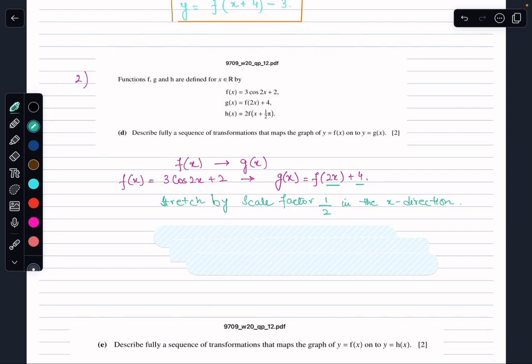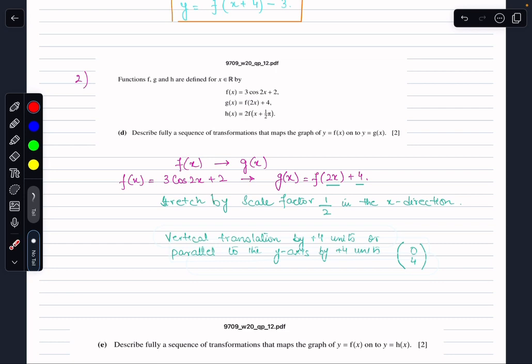Secondly, we can see that there is a vertical translation of 4 units, or it's parallel to the y-axis by positive 4 units, so that it's 0 and 4. So this is how we will be describing the transformation for the function f of x to g of x.